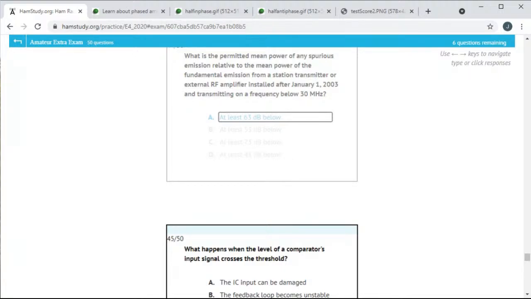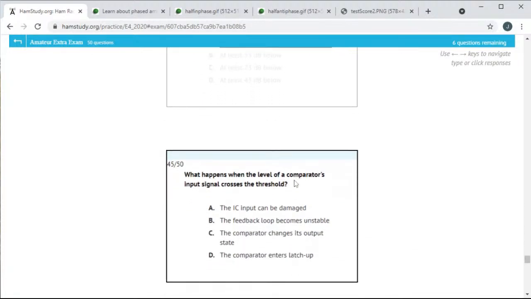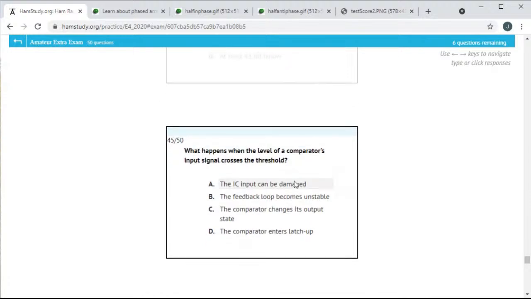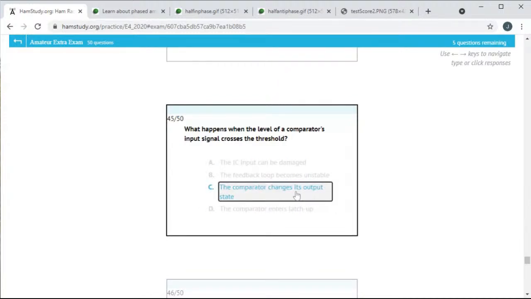And actually, that was my other guess. That was my other thought because it's a maximum. It's the lowest permitted value of those options. So for 45, I'm going to go with C. The comparator changes its output state.